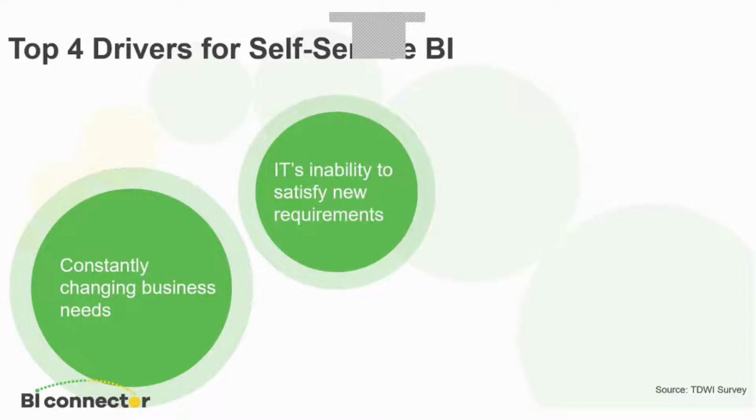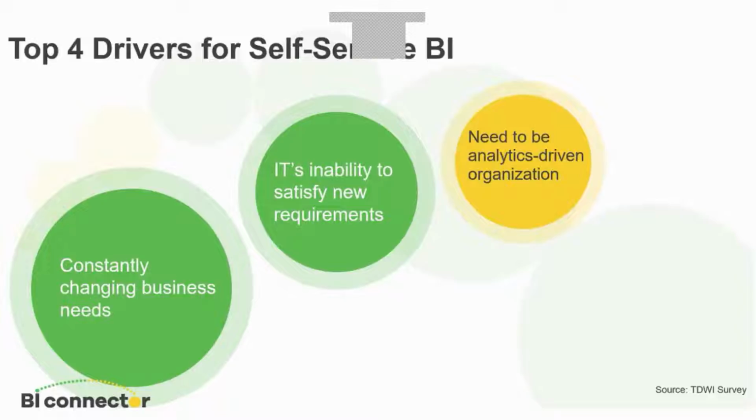The rapid pace at which business requirements are changing is giving rise to new data sources, and they want to analyze them and make better business decisions. Due to the lack of self-service capability, this is translating into a huge backlog of BI requirements for IT departments, and the IT departments are not able to keep pace with these requirements, and they're not able to satisfy them in a timely manner.